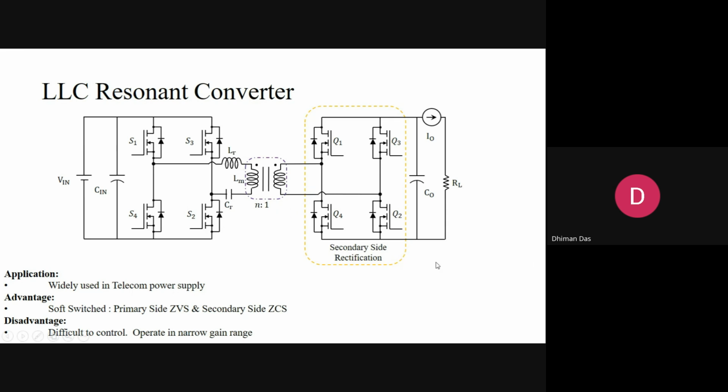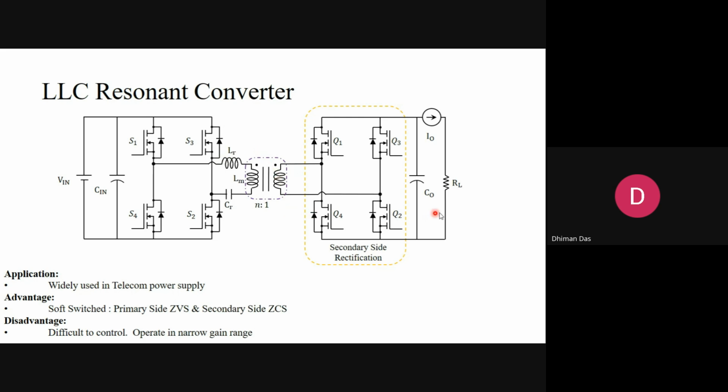At the secondary side of the transformer, voltage is induced and the current is reflected. On the secondary side, you can place a diode rectification, either center tap or full bridge, or you can use synchronous rectification for high current applications.